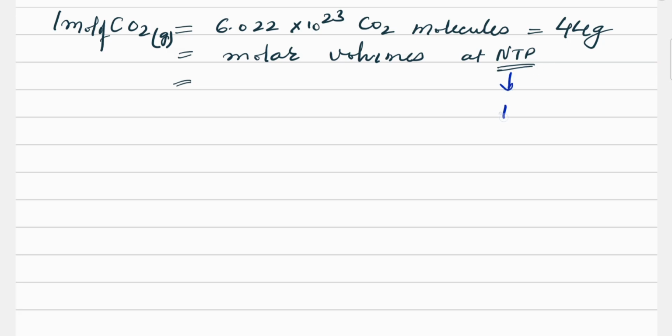NTP means the temperature is 0 degrees Celsius and pressure is 1 atmosphere. These are normal temperature and pressure conditions. At these conditions, if 1 mole of any gas is given to you, any gas, remember, its volume, if it is freely left for expansion, will be 22.4 liters.